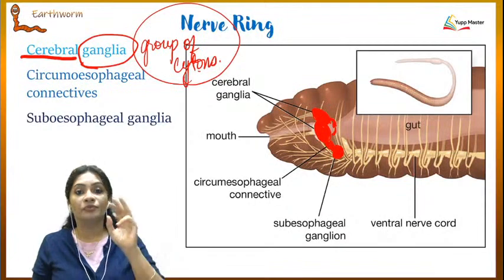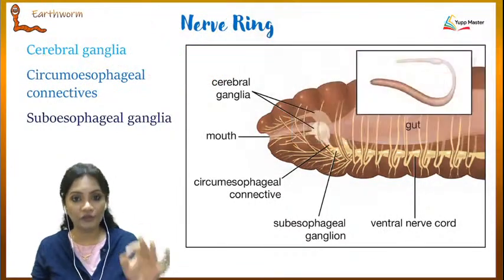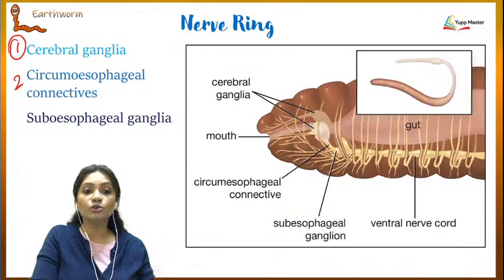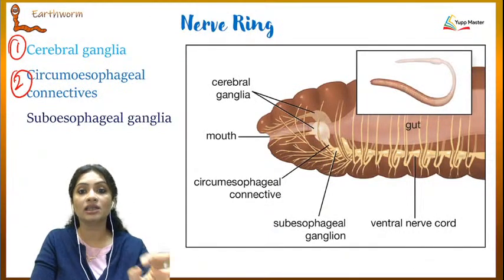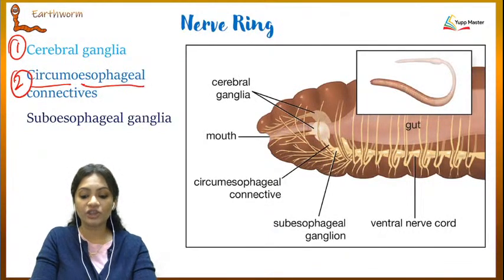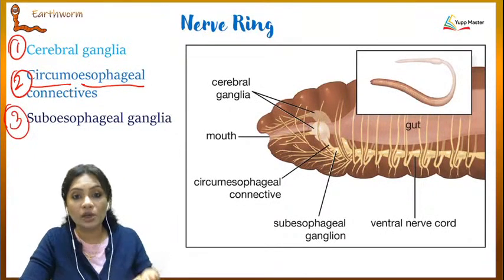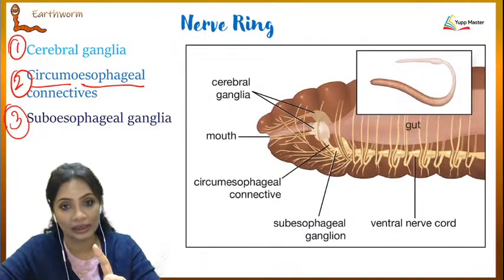So we have three parts to a nerve ring. When I say a nerve ring, there is one, the cerebral ganglia, two, the connectives around the esophagus, which I call the circumesophageal connectives, and third, the ganglia below the esophagus, the subesophageal ganglia. Okay.